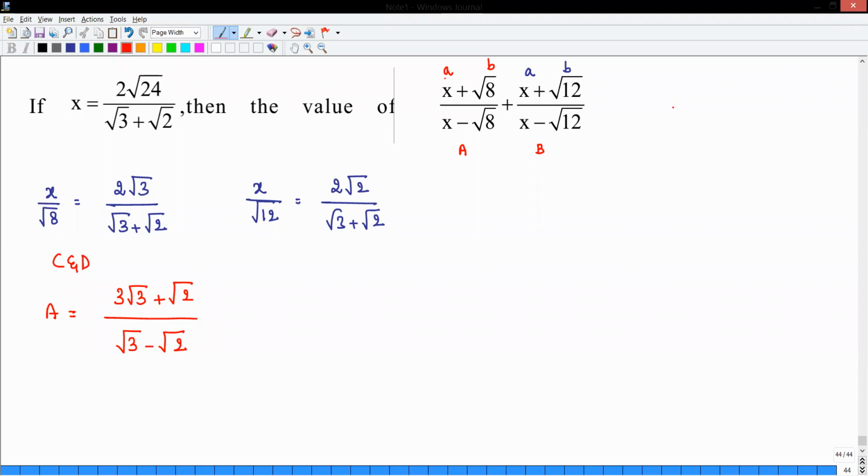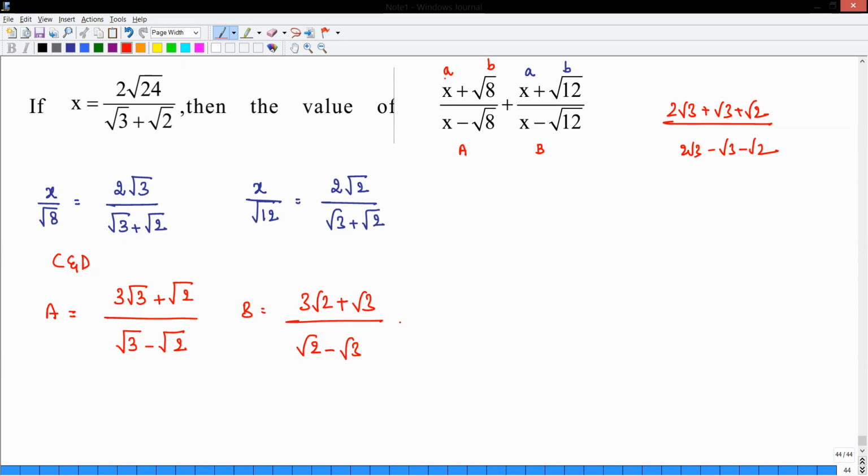What have I done? 2 root 3 plus root 3 plus root 2. One thing. 2 root 3 minus root 3 minus root 2. Another thing. Right? Second b. Do the sum. If you do the sum, it will be 3 root 2 plus root 3. If you do minus, root 2 minus root 3.